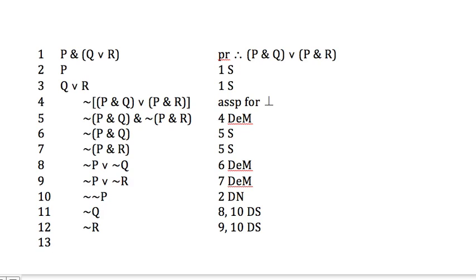Go back up here again. We've got Q or R. Down here we've got not Q. That means we can get R. From 3 and 11, disjunctive syllogism, we get R. Now we have a contradiction. 12 and 13 contradict.